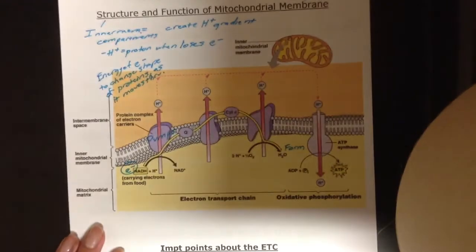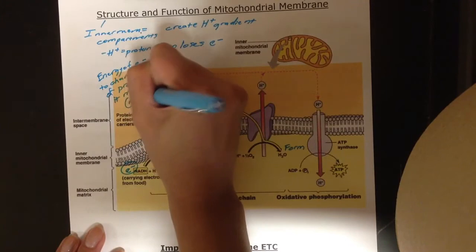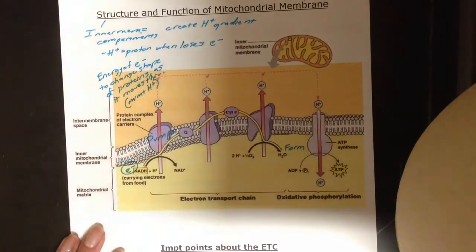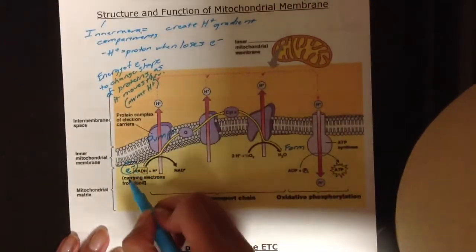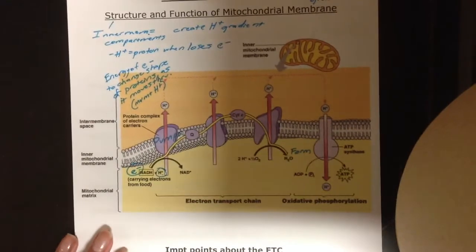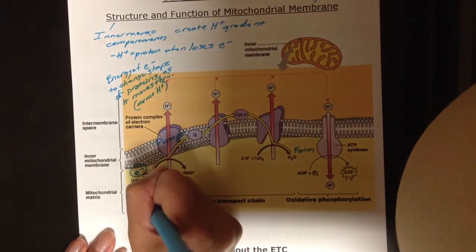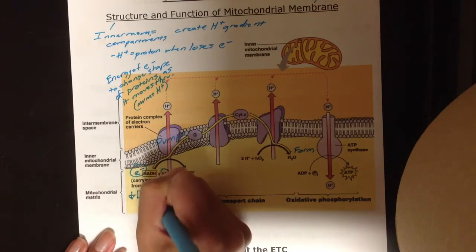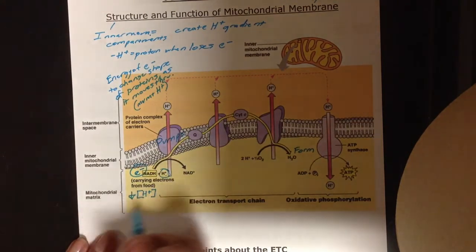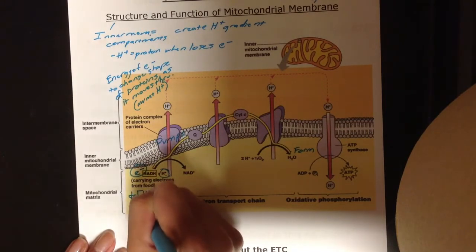As it passes through, we're also going to have the movement of hydrogen ions. So as we move through, notice that our NADH2, we have this H plus here. We end up creating a gradient because we actually end up reducing the concentration of our hydrogen ions in the mitochondrial matrix and increasing, therefore, the pH.